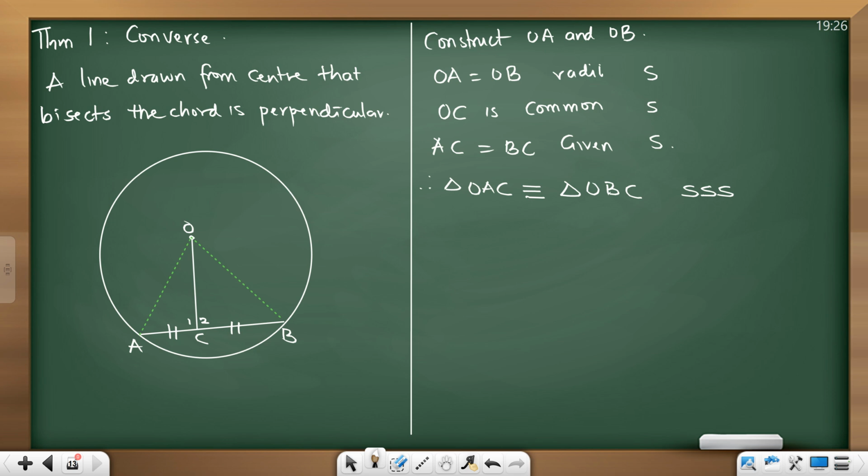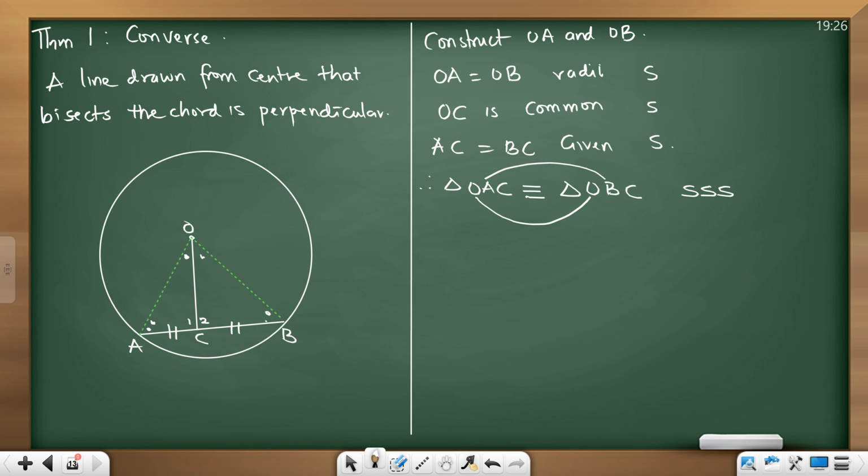If they are so, it therefore means angle C. That's why the order is important. Look at the order. The angle O in this is equal to the angle O in that one. The angle A in that is equal to the angle A in that one. Angle B. Okay? That's why the order is important.